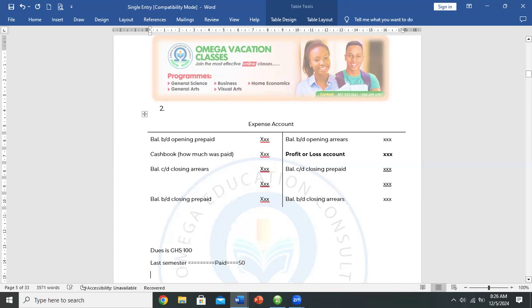And this semester, you paid 200. So the issue with my question is, how much expense have you incurred for this semester in terms of dues?